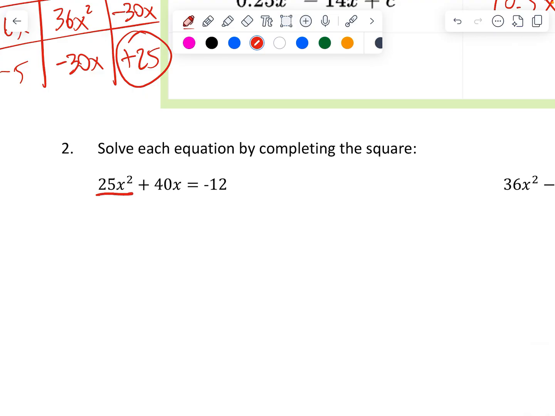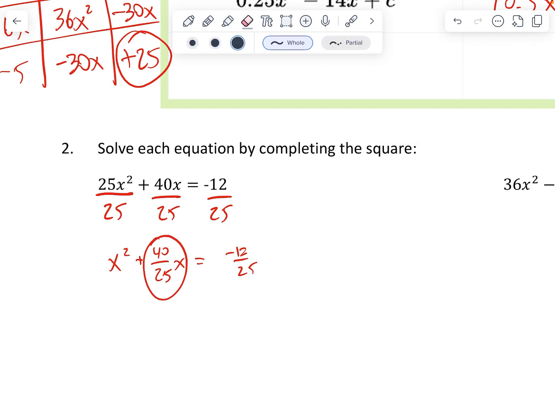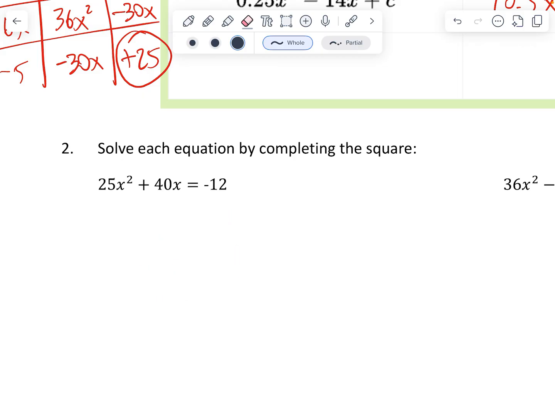So you could divide everything by 25. So you get x squared plus 40 over 25x equals negative 12 over 25. And then take the B value, divide it by 2, square it. But it's going to get pretty messy. I mean, if you simplify the fraction first, it might help. But either way, there's a much faster method, and that is to complete this square.